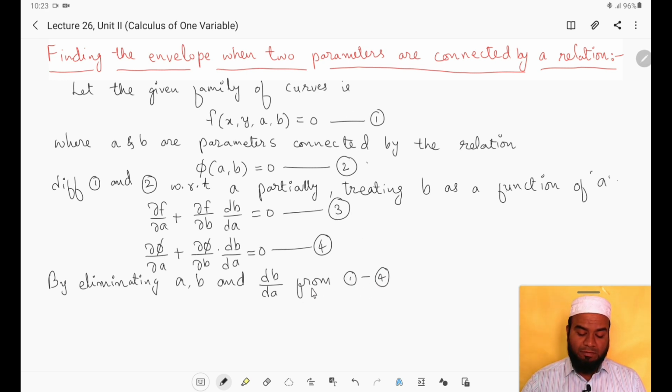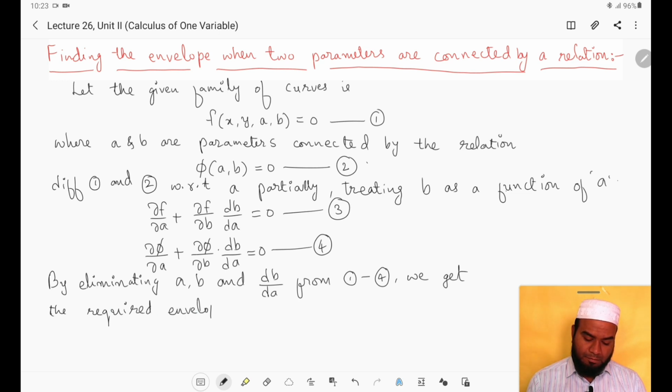From all these 4 equations we have to eliminate a, we have to eliminate b, we have to eliminate db by da. Then whatever the result we are getting, that will give us the envelope. So we get the required envelope. Right? This is the procedure.